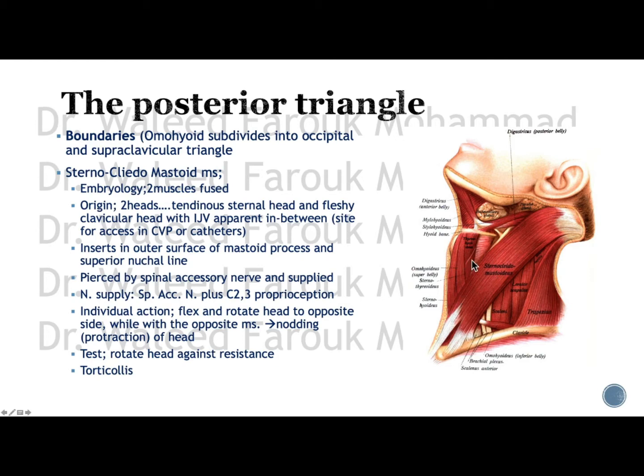The anterior triangle is further subdivided by muscles. When we reach there, we will describe it in detail. But now we are concerned with the posterior triangle. This is the area of the posterior triangle, bounded anteriorly by the posterior border of the sternocleidomastoid, posteriorly by the anterior border of the trapezius muscle, and inferiorly by the clavicle, the middle third of the clavicle, because it is taken medially and laterally by the insertion of muscles.